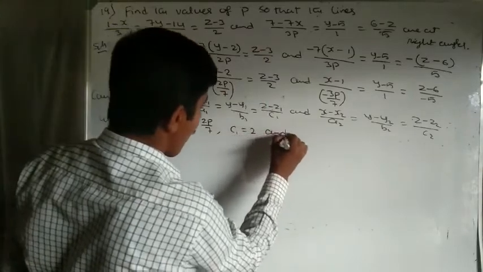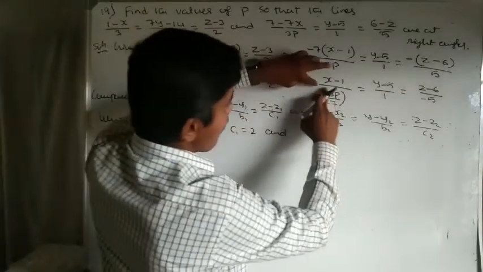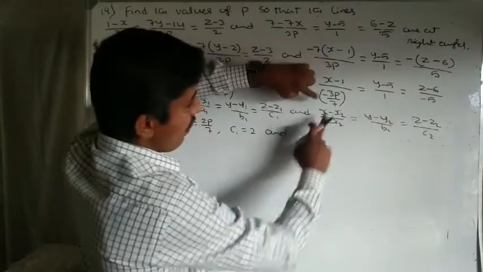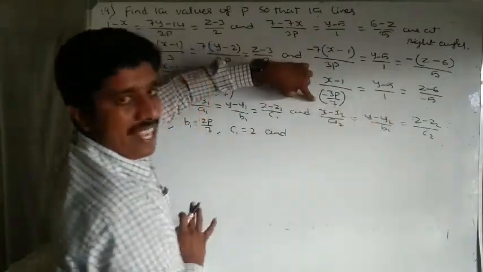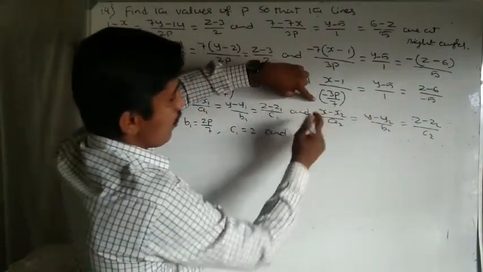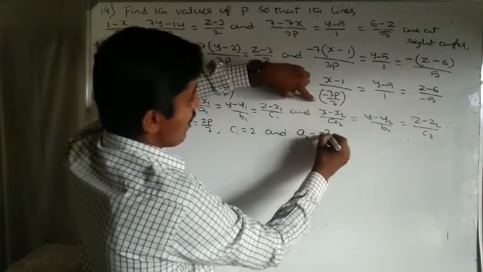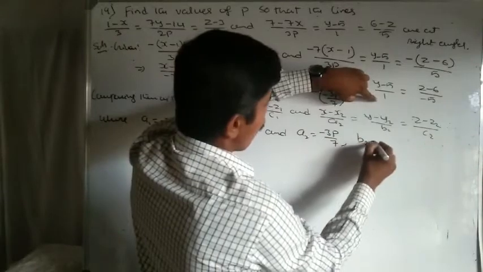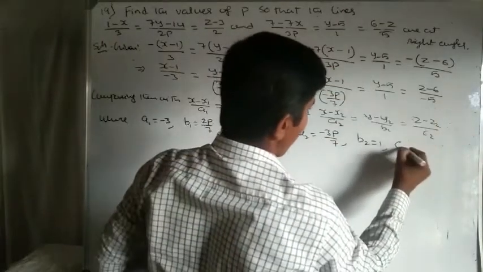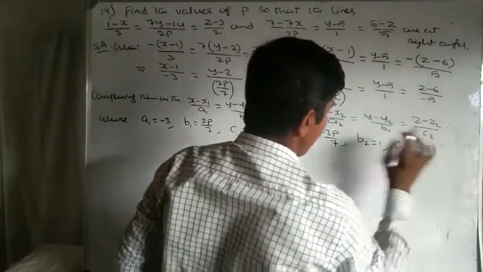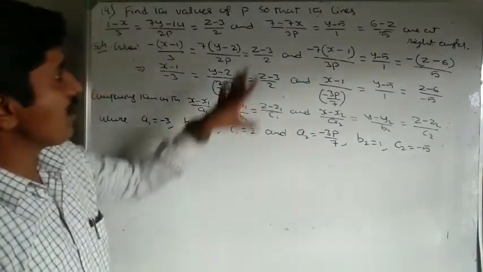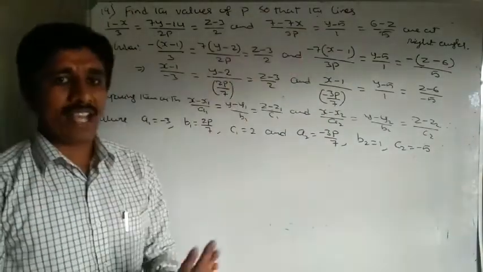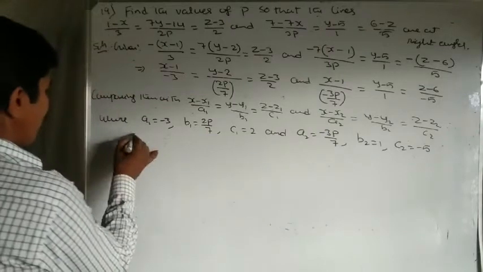And this line, which is in standard form, therefore the denominators are the direction ratios. Here a2 equals minus 3p by 7, b2 equals 1, c2 equals minus 5. Got it. Here, given that two lines are at right angle means two lines are perpendicular.